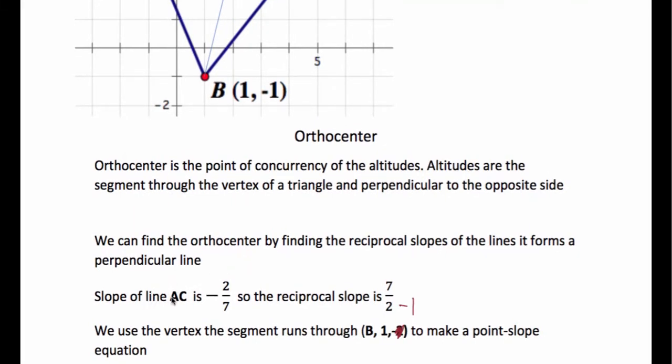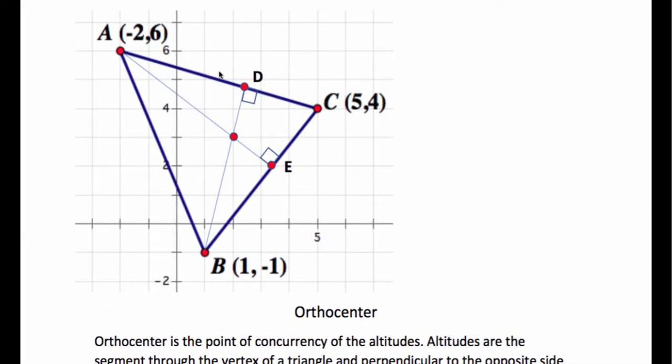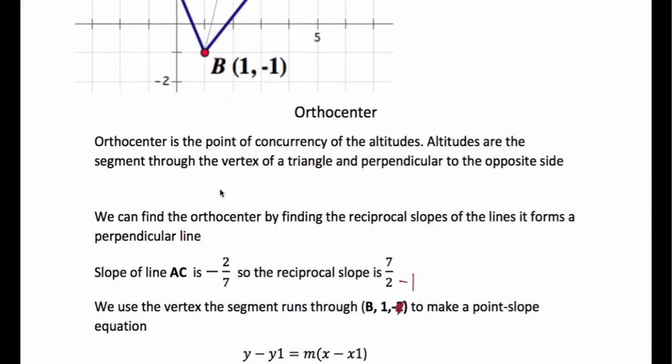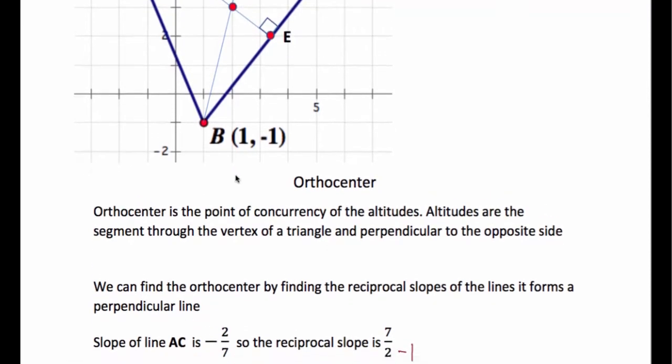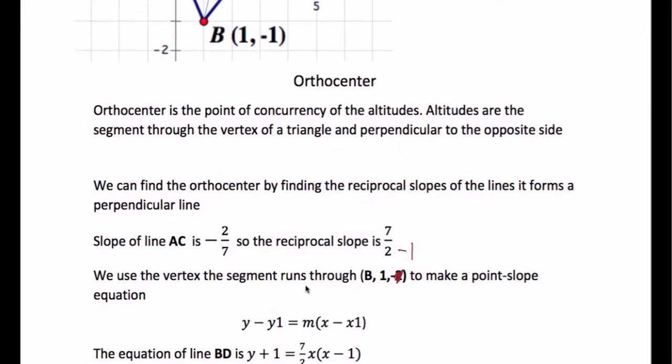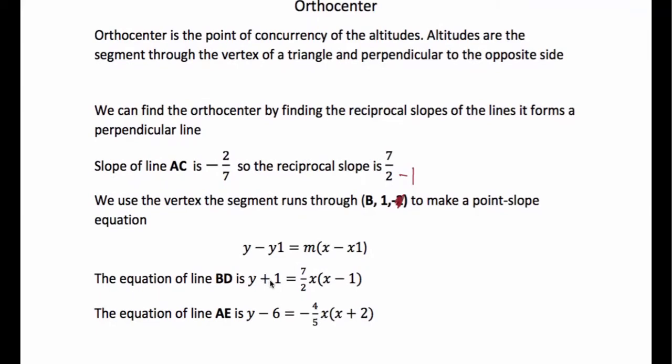The slope of line AC is -2/7, and the reciprocal slope of that is going to be 7/2. So the slope of line BD is going to be 7/2. We use the vertex this segment runs through, which is B, at 1, -1, and make a point slope equation. The equation of line BD is y plus 1 equals 7/2 times x minus 1.